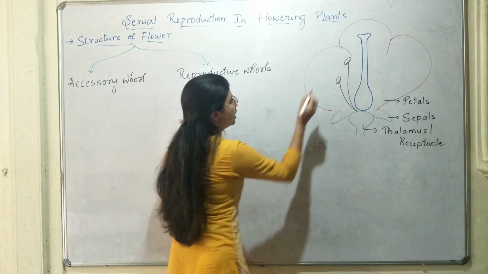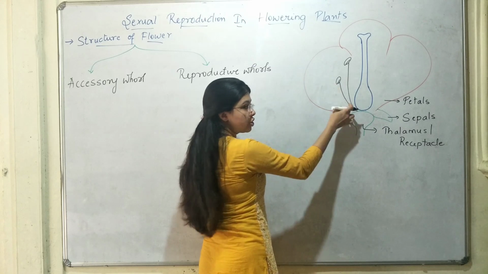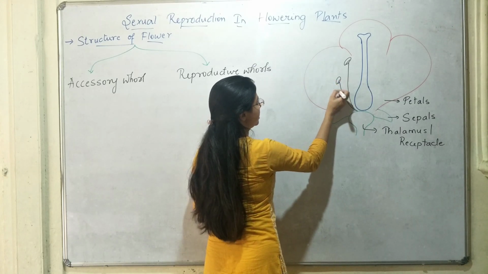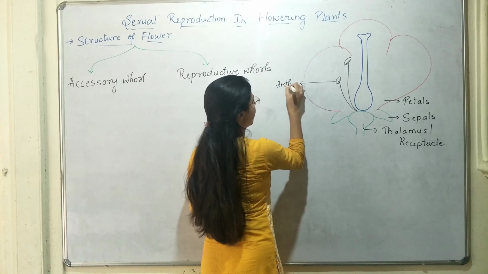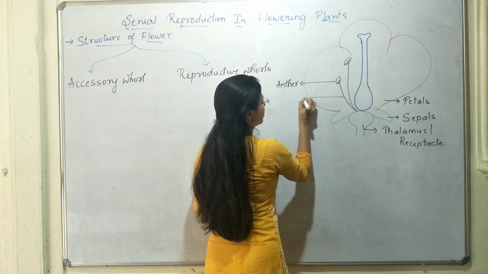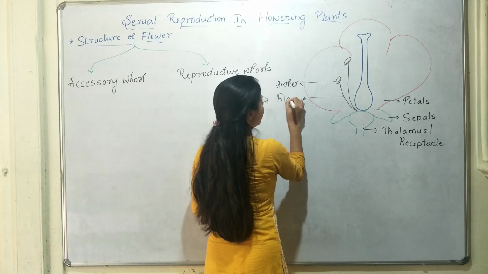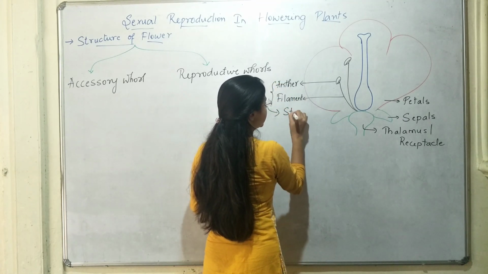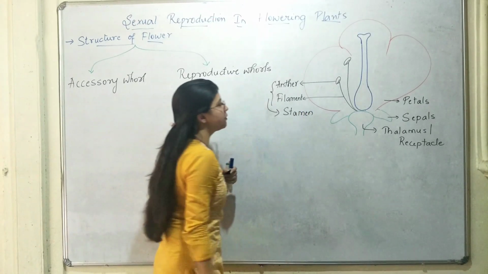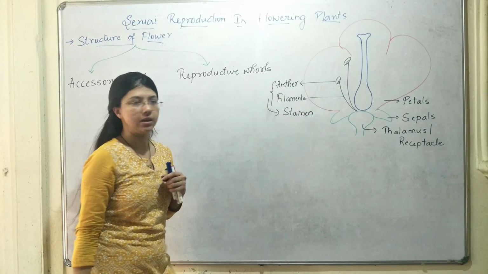Now the black colored structure that you see here is the stamen, and a stamen has two different parts: the anther and the filament. Together, the anther and filament form the male reproductive part, that is the stamen.